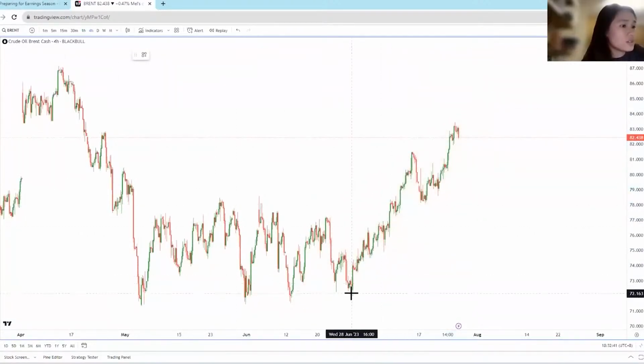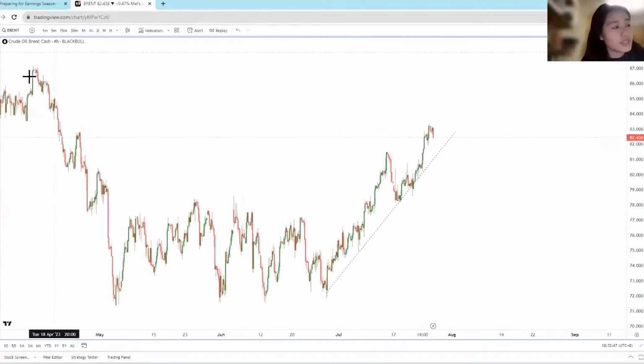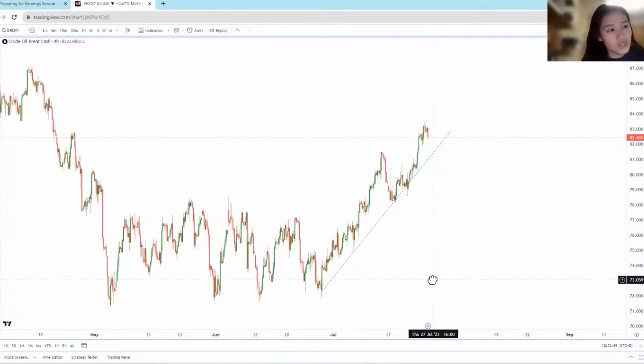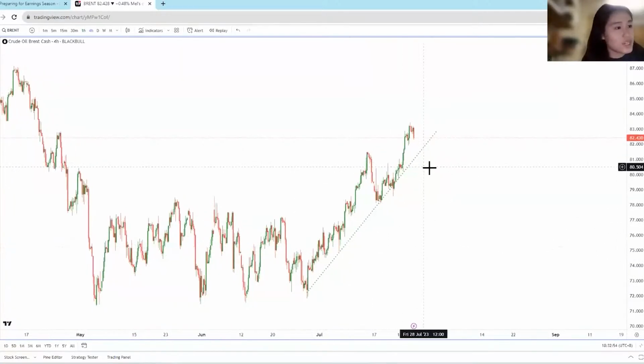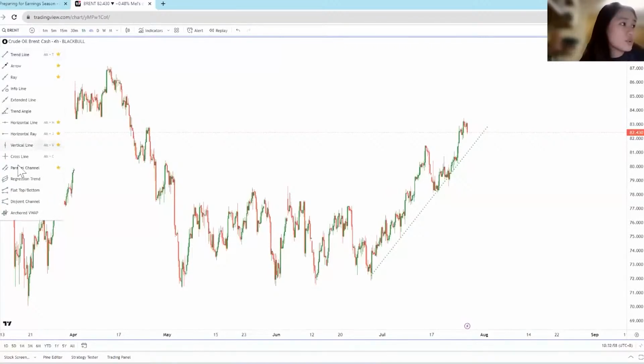Let's see if we have a trend line. Okay, yeah. So remember, for a valid trend line, there has to be minimum 3 touches on the trend line. In this case, we definitely have 3. Okay, so let's get into our support and resistance levels.